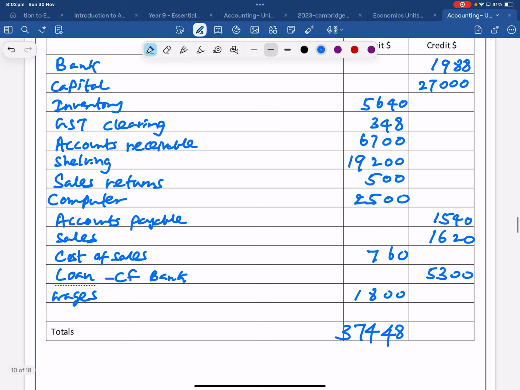Was it 37,448? Yeah, the balance is 37,448, guys.